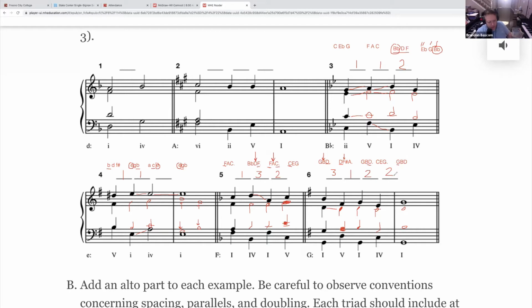So what we did today is remarkably similar to page 45 in your textbook and page 43 in your textbook. Page 43 and 45 in your textbook are basically the same thing.